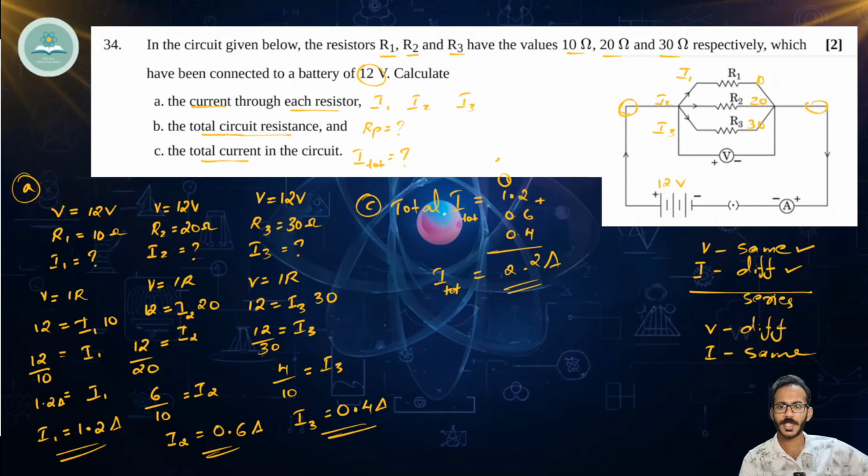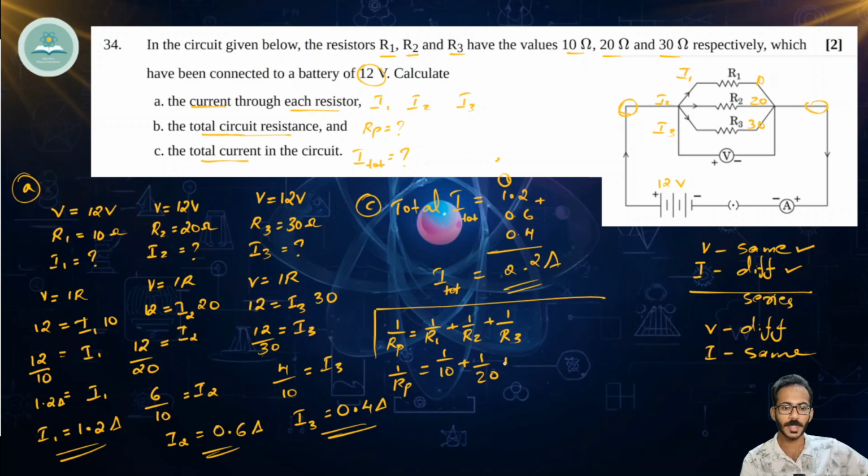Now let's find the total circuit resistance. To find the effective resistance, we know it's a parallel connection. We know the equation 1 by Rp is equal to 1 by R1 plus 1 by R2 plus 1 by R3. So 1 by Rp is equal to 1 by 10 plus 1 by 20 plus 1 by 30.